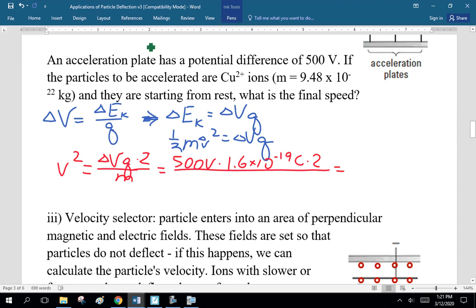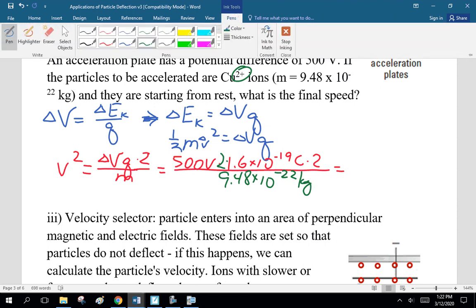Note here, the charge is 2 plus, so this is 2 times 1.6 times 10 to the minus 19 coulombs. Good catch, guys. And mass is 9.48 times 10 to the minus 22 kilograms. Helps to actually answer the question I'm asking, rather than the question I'm thinking about. So 500 times 2 times 1.6 times 10 to the minus 19 times 2 divided by 9.48 times 10 to the minus 22 is? Come on.